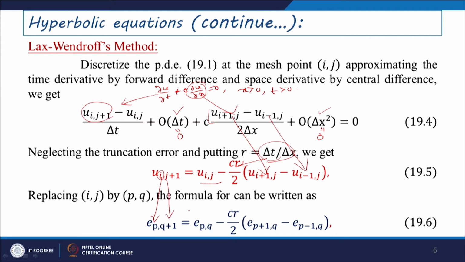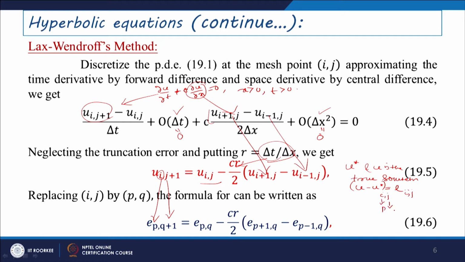If u star is the approximated solution and u is the true solution, then the difference between u and u star is considered as the error term E. At each of these grid points, defining u minus u star at the point ij as Eij, we replace i by p and j by q.